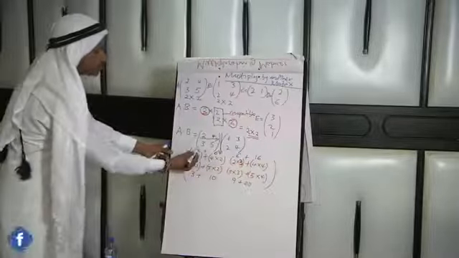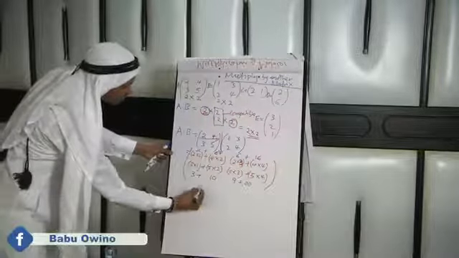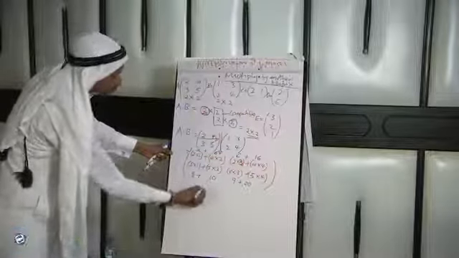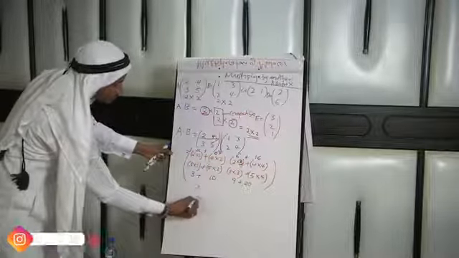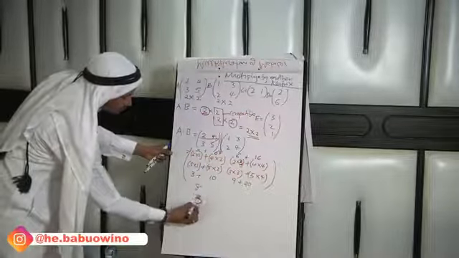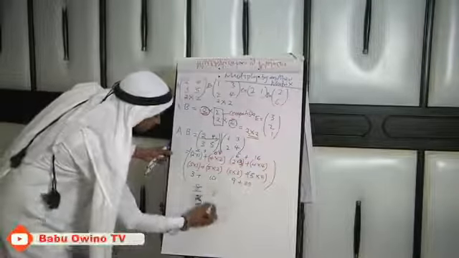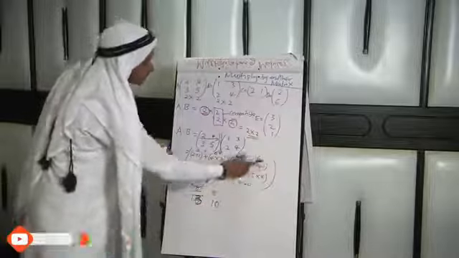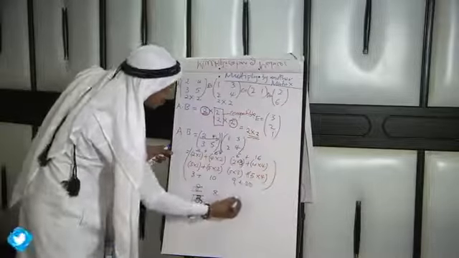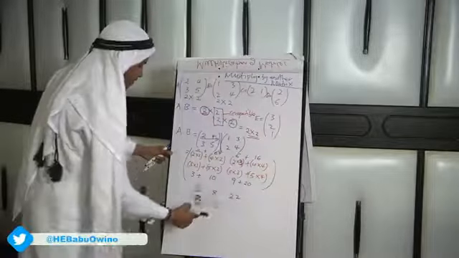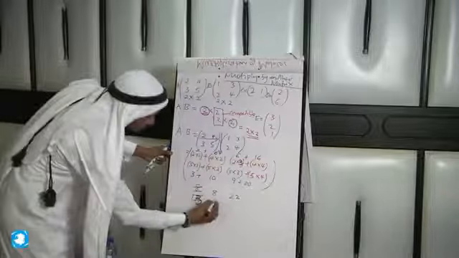Then the first one becomes 2 plus 8, which is 10, sorry, that is 6 plus 2, which is 8. 3 plus 10 is 13. Then 6 plus 16 is 22.